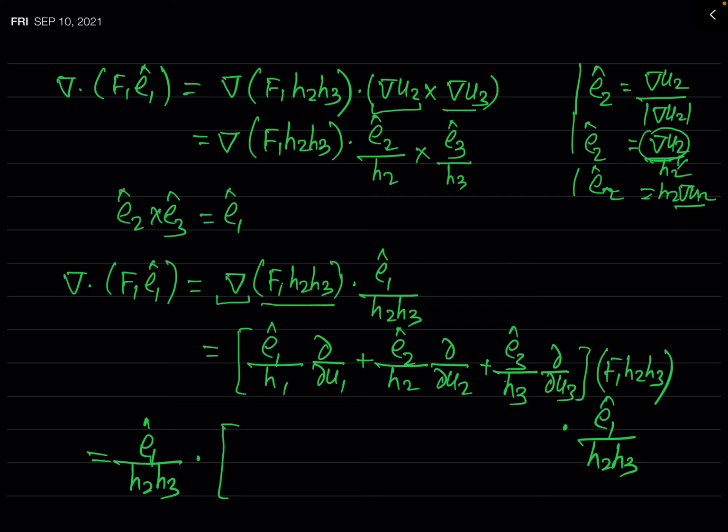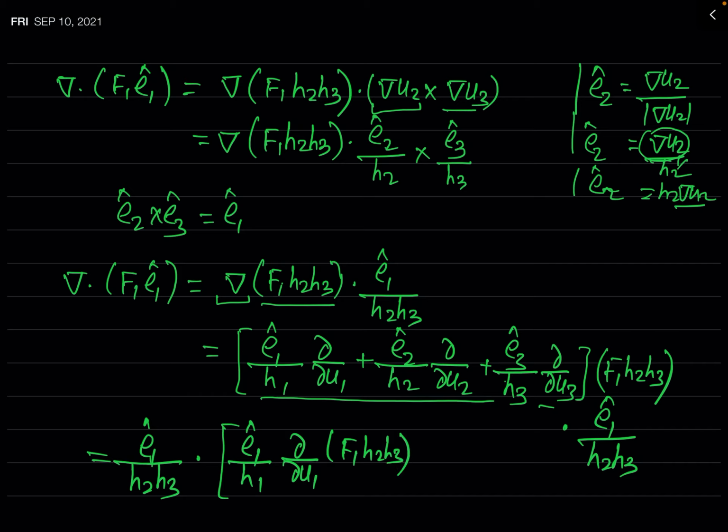dot. Now operate this operator on the function F1 H2 H3. So you may see this may be written as E1 hat over H1 del U1, and this will be operated on F1 H2 H3.